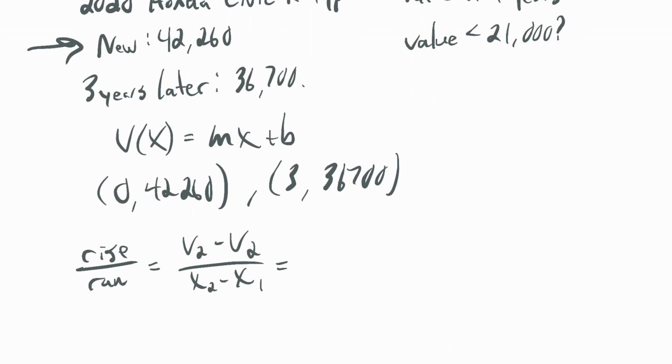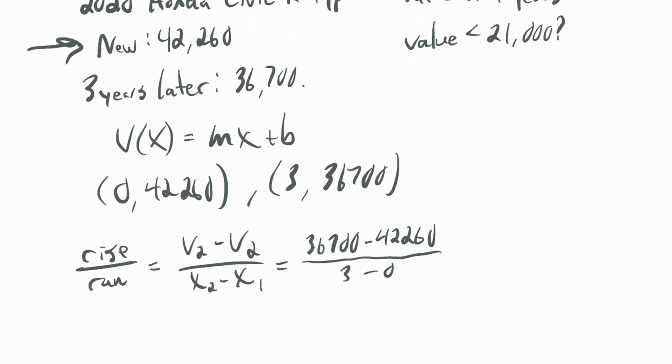And here the value is playing the role of the y variable because the outcome is a value, the dollar amount. So I'm using v for value. Well, that will be 36,7, the second value at the end of 3 years, minus 42,260, the initial value, over 3 minus 0, the number of years.